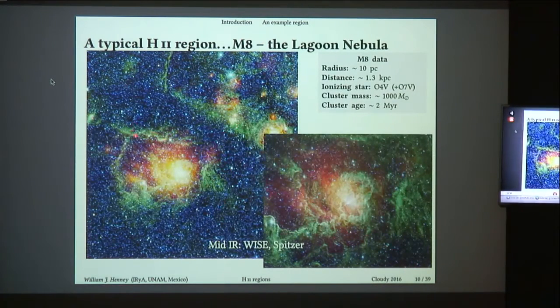In this case, what's shown in green is the emission from neutral gas, I think mainly from PAHs in the neutral photodissociation region around the H2 region, whereas the red and orange comes from hotter material, hot dust inside the H2 region, possibly some line emission as well.